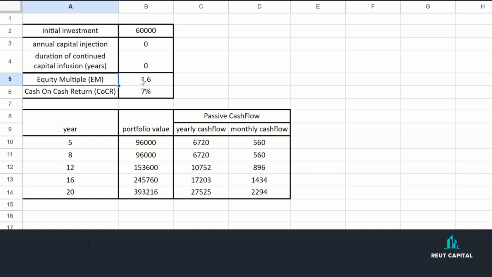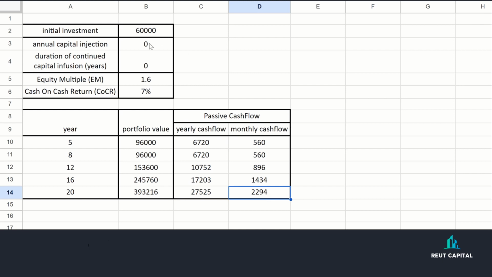We assumed a conservative equity multiple of 1.6x and a cash on cash return of 7%. And these were the results we saw. This is how your portfolio value grew over a 20-year period, and this was how your passive income grew. At the end of 20 years, you were sitting at about 2300 a month in passive cash flow.